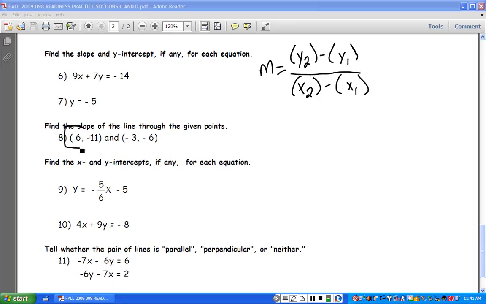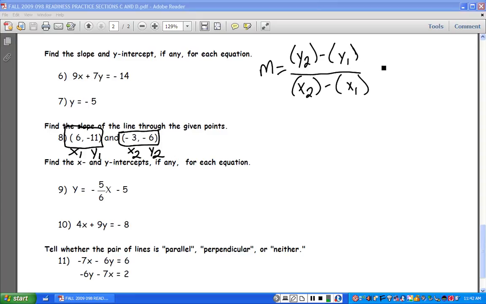If you're looking at these 2 points here, if this is our first point, that makes this 6 our first x and this -11 our first y. If this is our second point, that makes this -3 our second x and this -6 our second y. So all I would do is take these numbers and plug them into our formula.